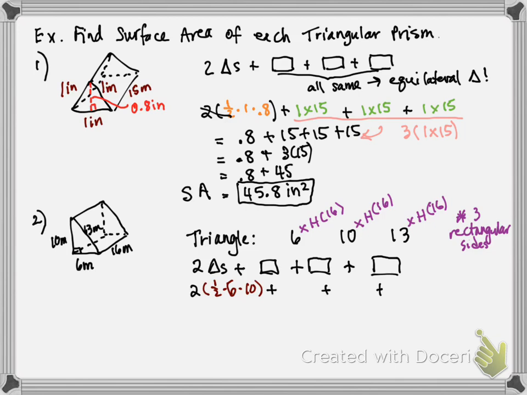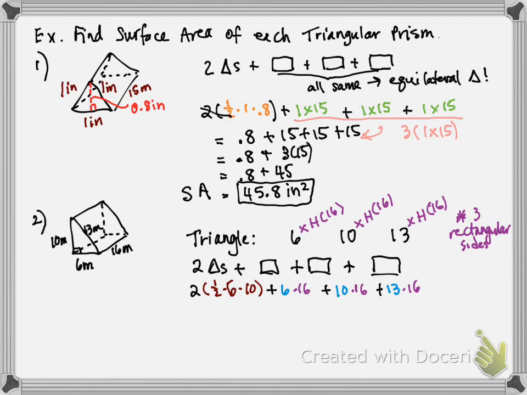So the first one is going to be 6, and we're going to multiply it by 16. And then the next dimension is going to be the 10, and we're going to multiply it by 16, height of the prism, and then we're going to take the last one, which is a 13, and we're going to multiply it by that 16, the height of the prism.